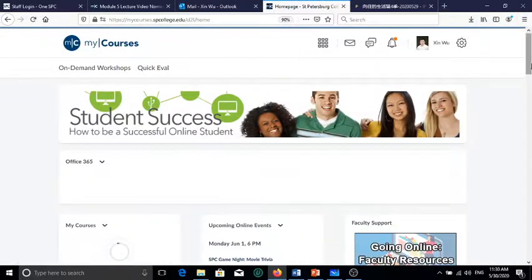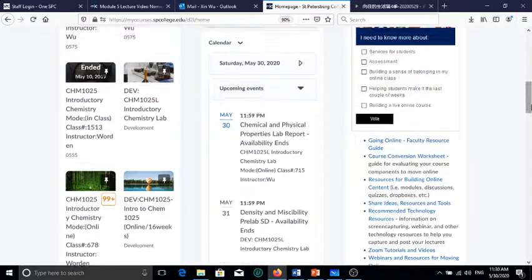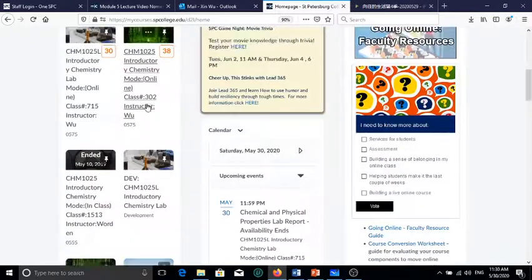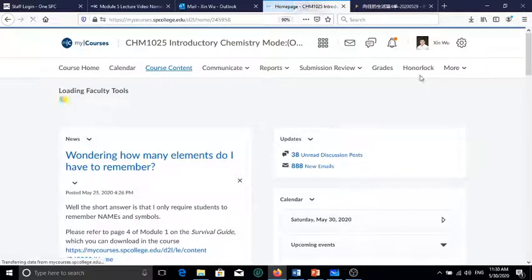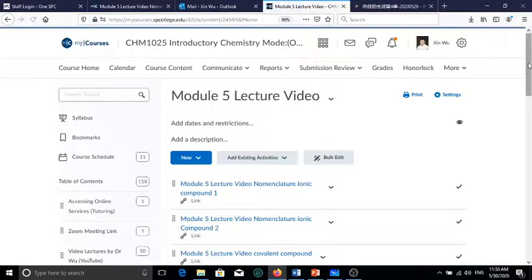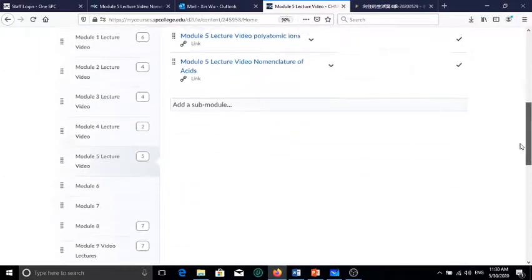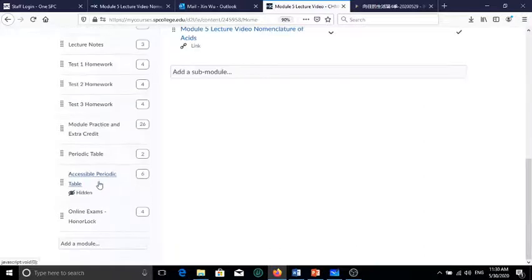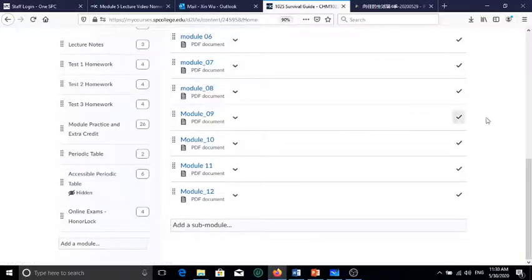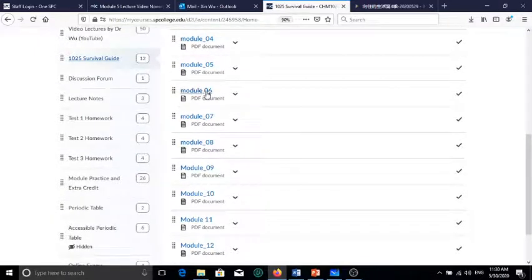and then if you go to the course 302 section, and then under course contents, if you click into the survival guide, and currently we're on module 6.